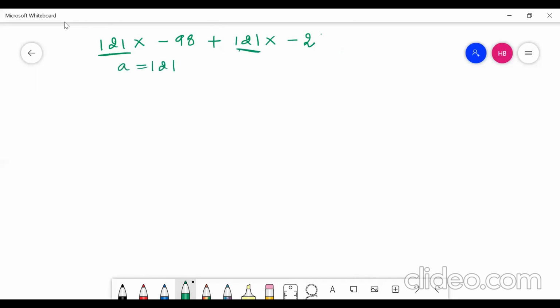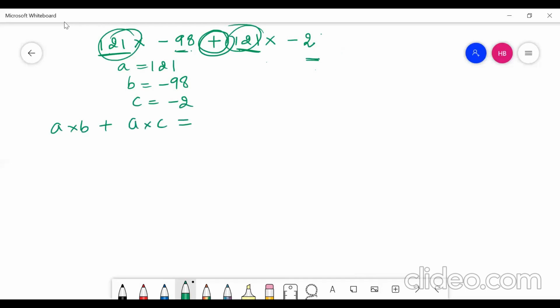I see the A into B plus A into C form. So here my B is minus 98, C is minus 2. And how do I identify it's in a distributive format? Because I see the plus here, A repeating, and B here and C here. Now I know A into B plus A into C can be written as A into B plus C.